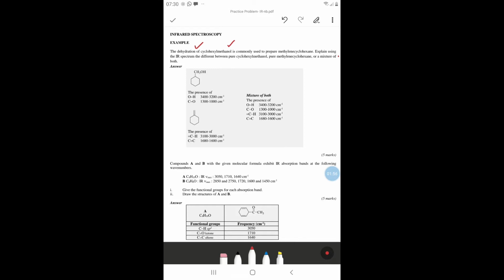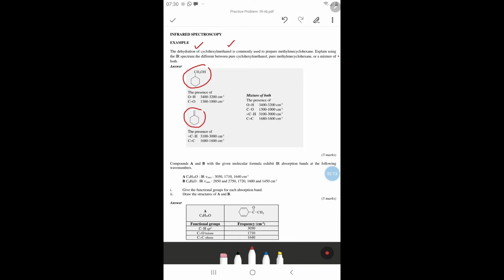The question asks for the IR spectrum difference between pure cyclohexylmethanol, pure methylene cyclohexane, and then what happens if you have a mixture of both.